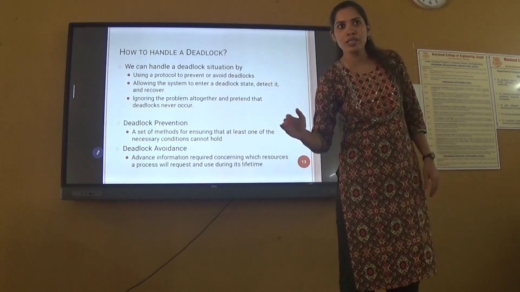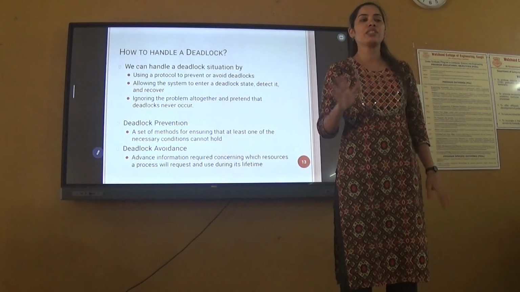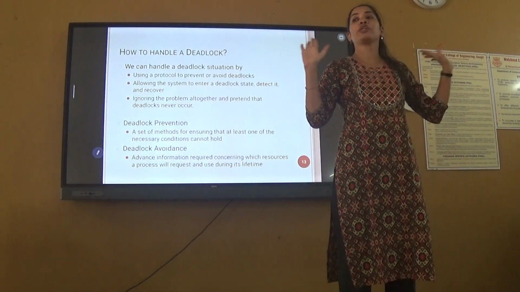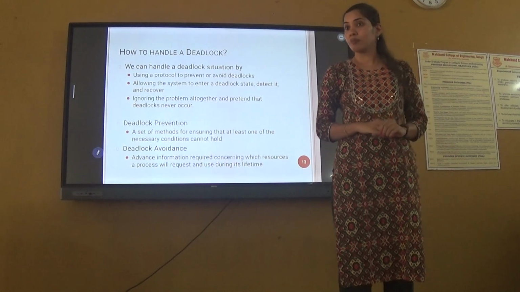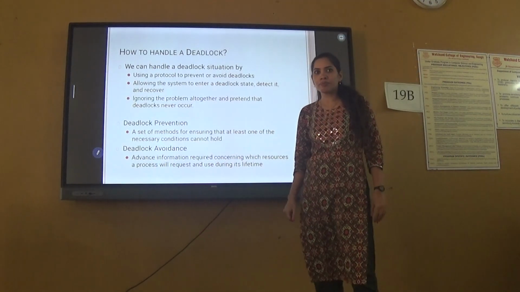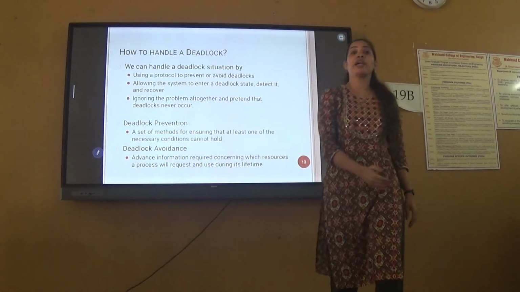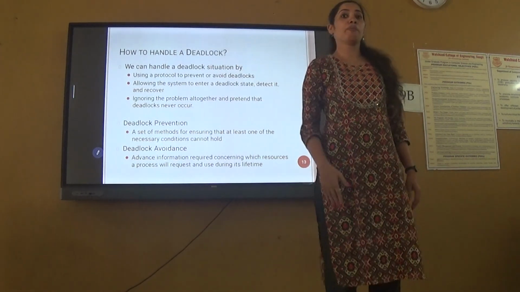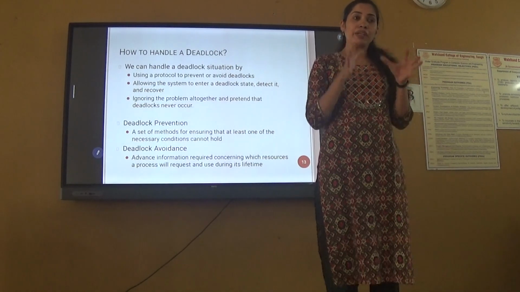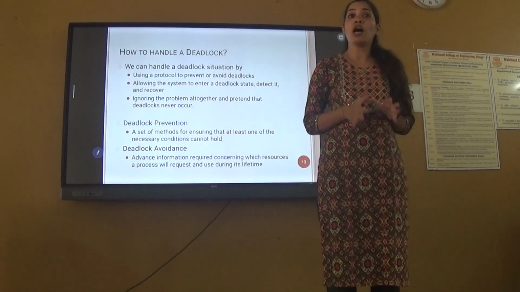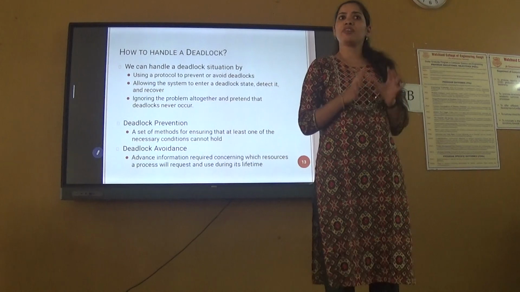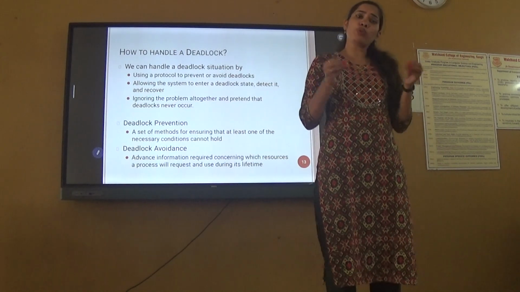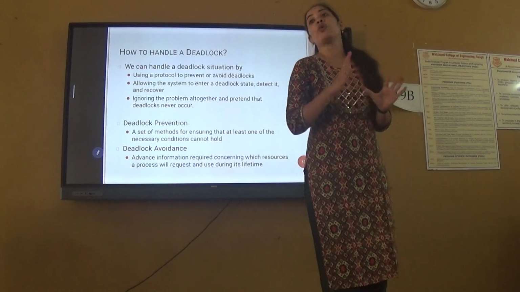If any process says I want 50 benches, I will not allow the process to enter my system. That is deadlock prevention. What is deadlock avoidance? Even if that process tries to enter, how can I bypass that particular process? Even if the deadlock is trying to occur, how can I avoid it? First case, not to occur. But still it could occur, so how can I take care that it does not occur.